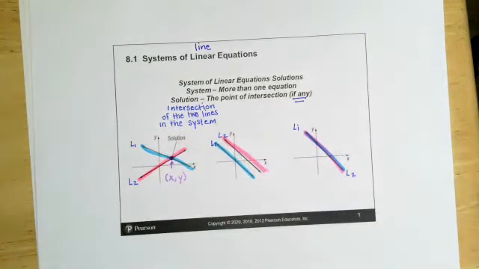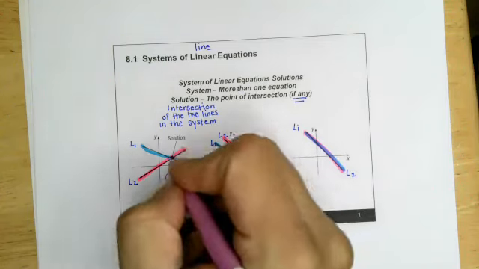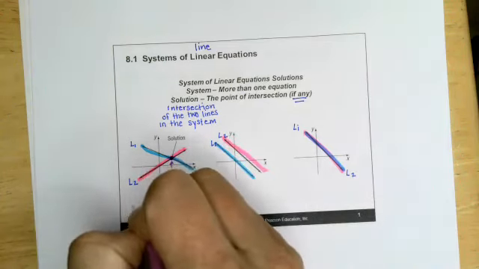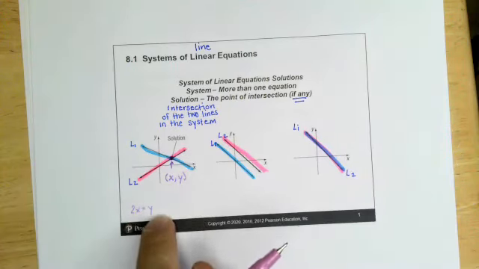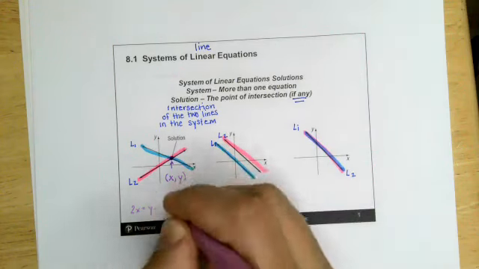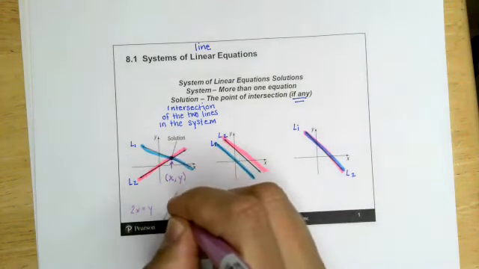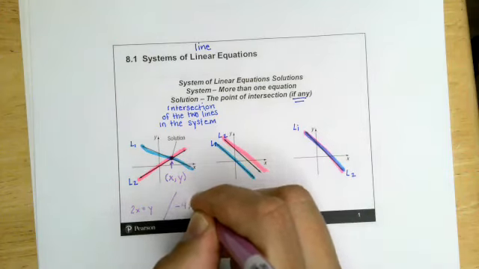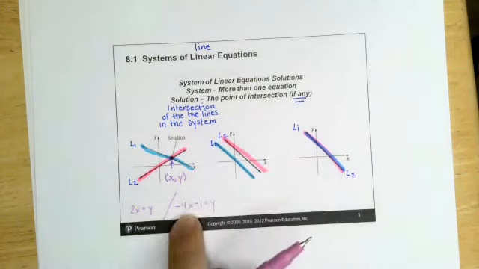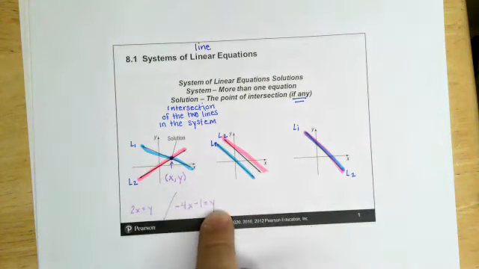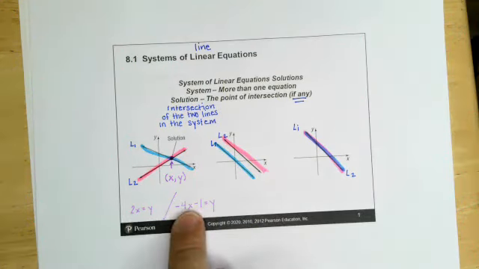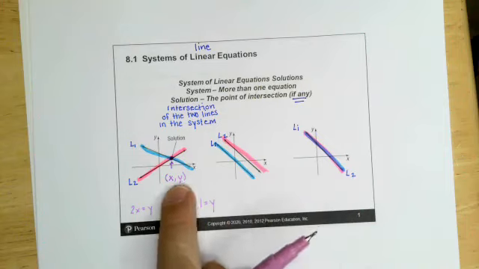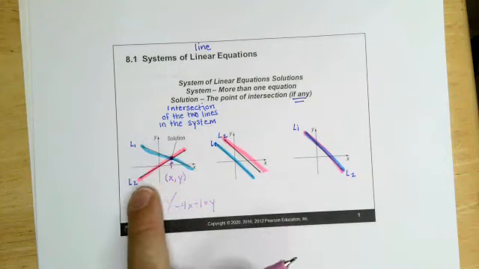The solution means that if the equation is 2x equals y, I put that x in here, I put that y in here, and the equation is true. And then we do the other one, which looks like it's a negative, so maybe it's negative 4x minus 1 equals y. I put that x in here, and I put that same y in here, and it will also be true, okay? And it will be the only point that is true for both of them, always, okay? No other set of 2 numbers will be true for both L1 and L2.